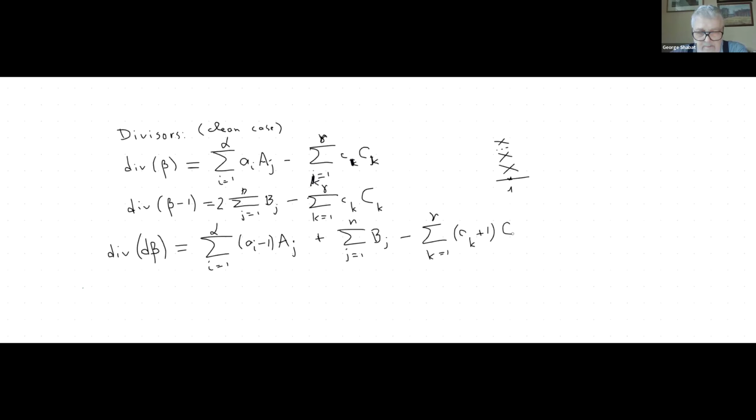And what we know from algebraic geometry is that there is a restriction on all the multiplicities, so the whole degree of the divisor of d beta, which can be calculated from this expression, is, as we know, 2g minus 2, where g is the genus of the curve x that has been introduced.